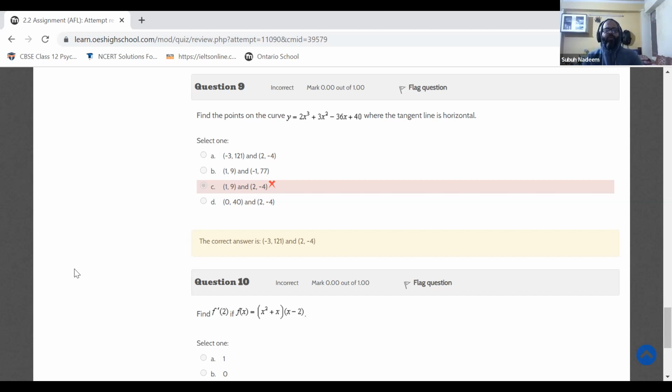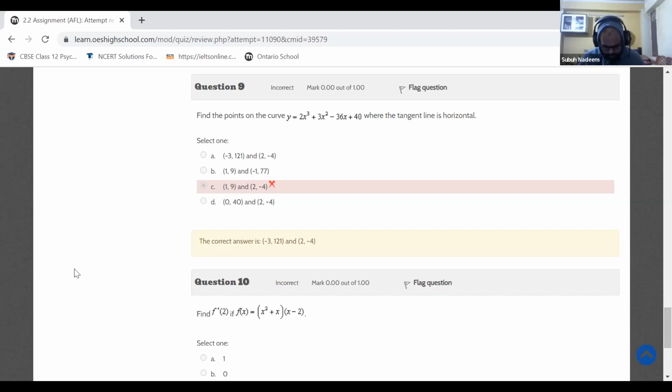You have to equate it to the slope, so that is equal to 0. So what x will you get? Can I divide this by 6? Yeah, of course. x squared plus x minus 6.